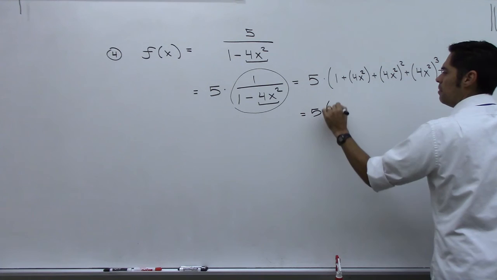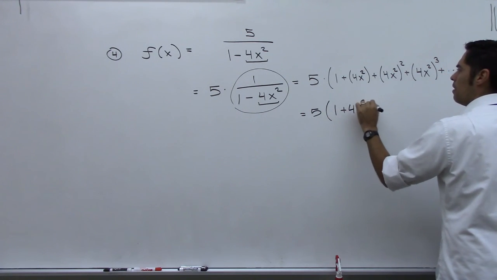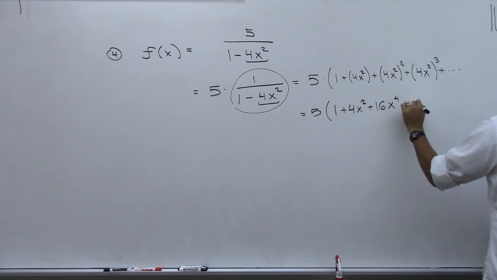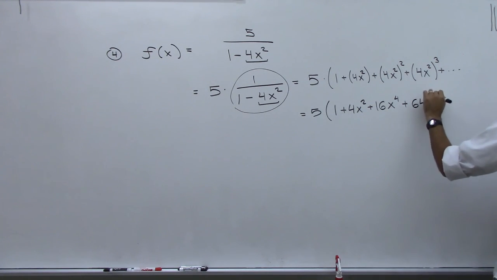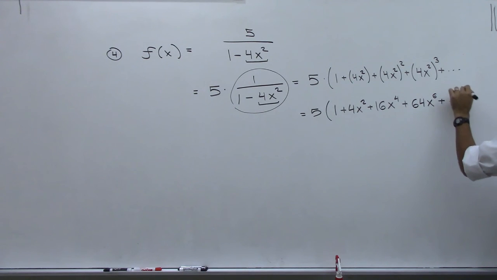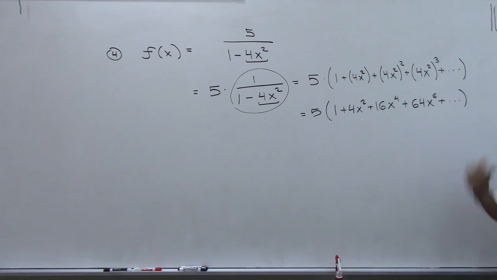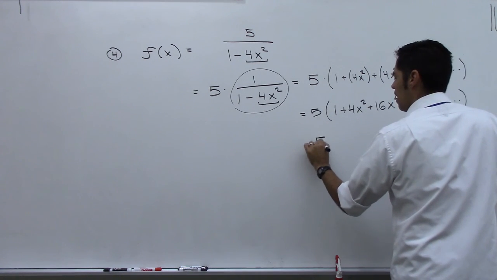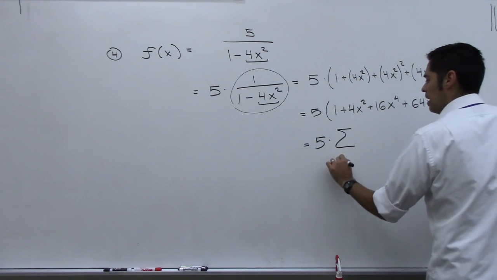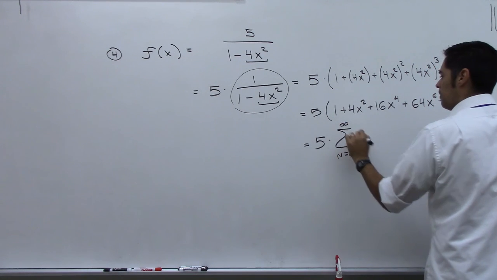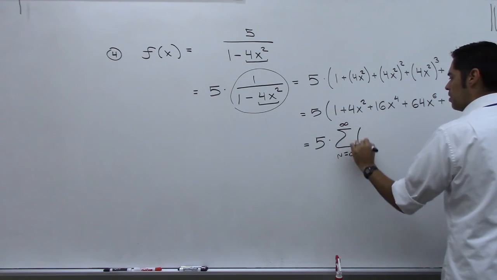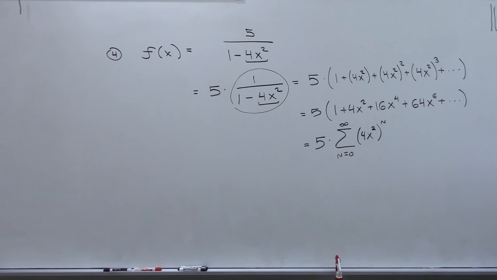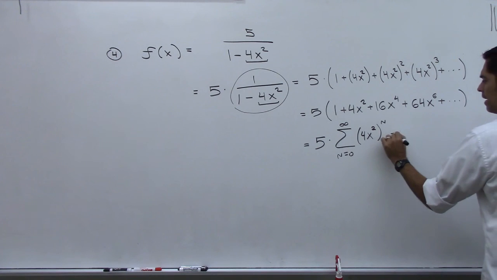This would be 1 plus 4x squared plus 16x to the 4th plus, what is that, 64x to the 6th plus dot dot dot. That goes on forever. Sorry, I forgot. That 5 will distribute through to each one of these. But that's just 5 times the power series n equals 0 to infinity of, let's see, our u is 4x squared to the n. And I'll put that 5 back in.